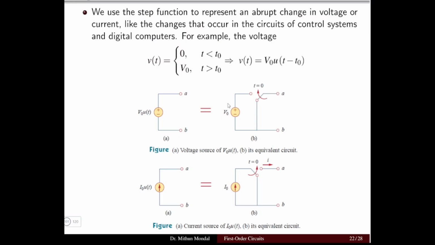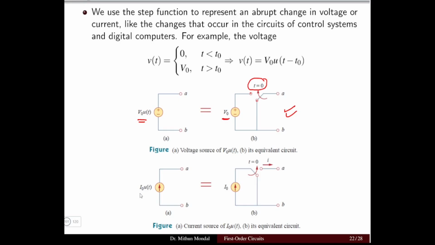Now for the same condition, if we want to redraw the circuit, if we are writing V naught u of t, then we can draw the similar circuit in the form of a switching operation, that for time t equal to 0, the switch is connected to the circuit where the amplitude is V naught.